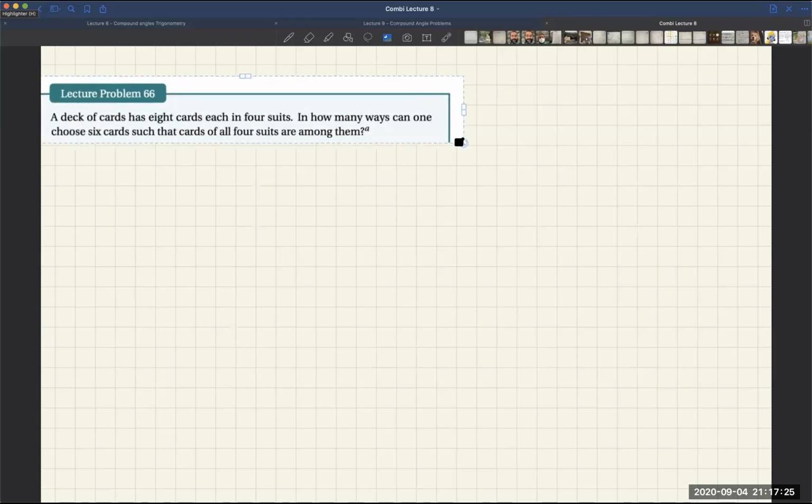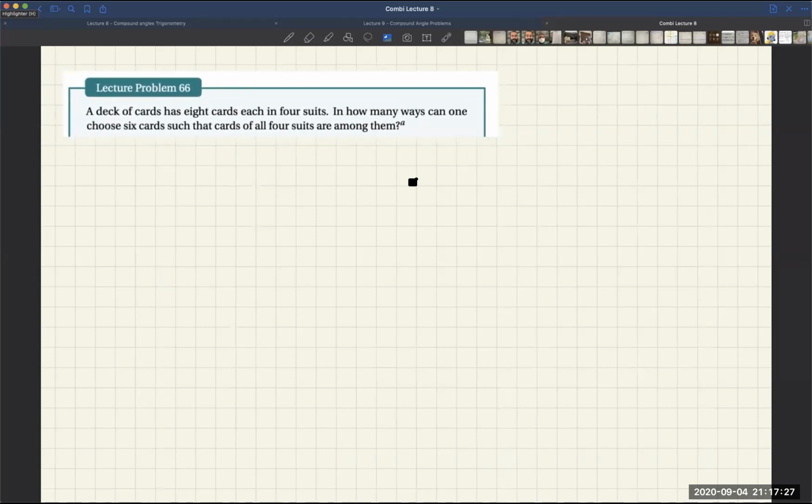Try this problem, guys. A deck of cards has eight cards, each in 4 suits. In how many ways can one choose 6 cards such that cards of all 4 suits are among them? Okay, try this one. Come on.